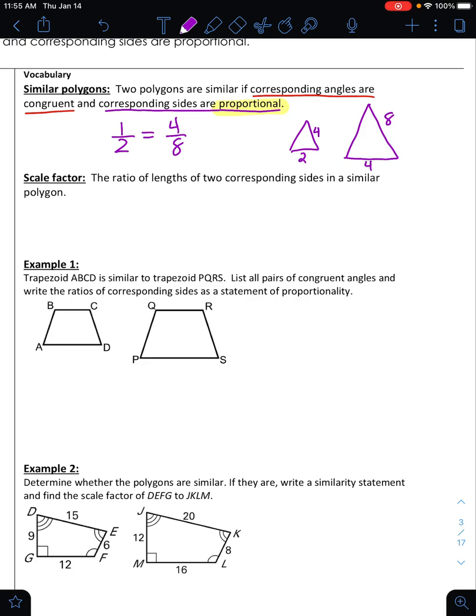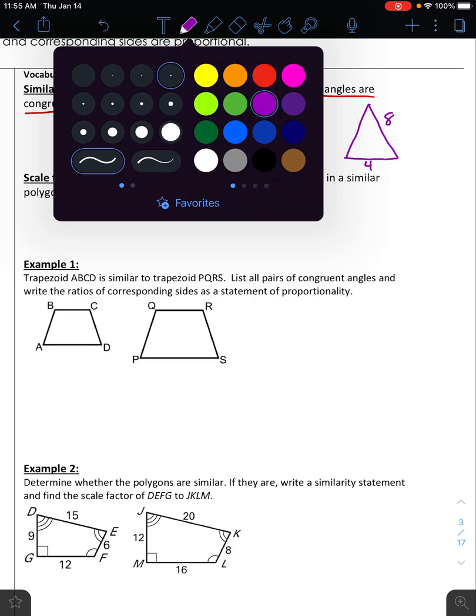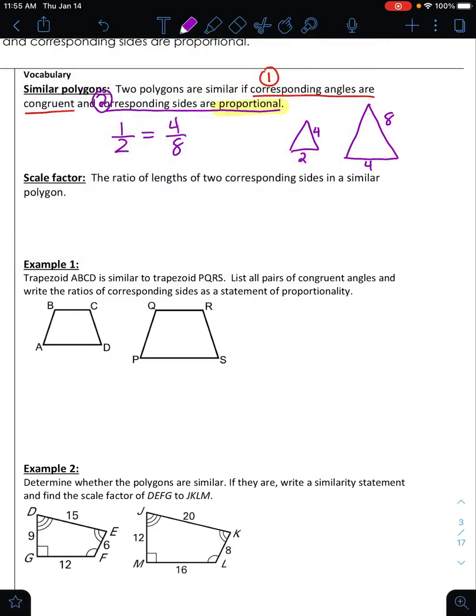But today, what I want you to start with is that there are 2 items for similarity. Number 1, the corresponding angles have to be the same. And number 2, the corresponding sides are proportional. Scale factor. The scale factor is the ratio of the lengths of 2 corresponding sides in a similar polygon.